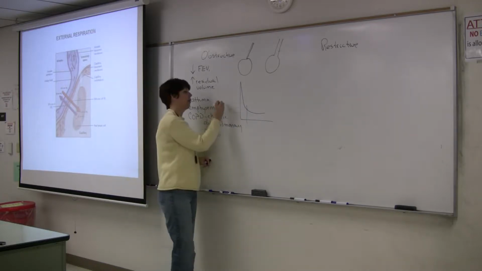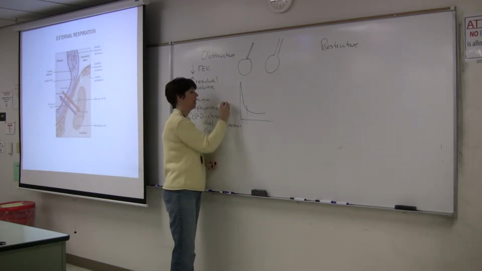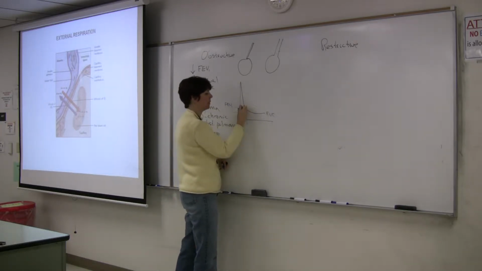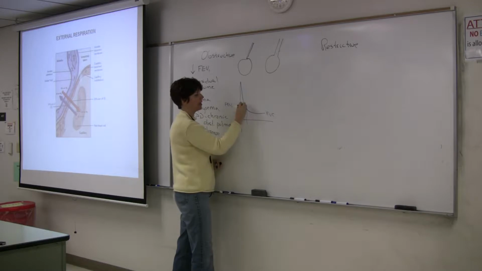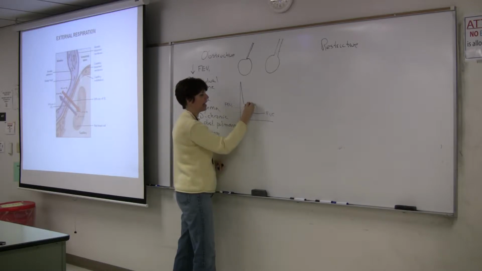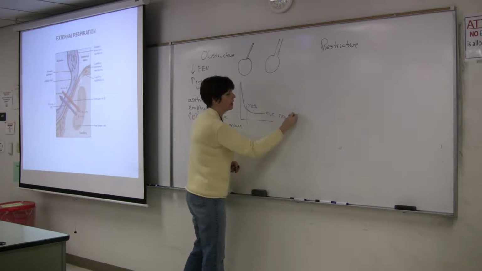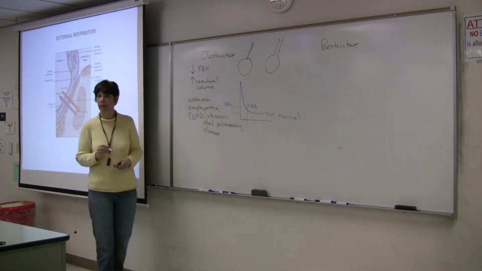And so if we divide that by the forced vital capacity, we get a percentile, which is greater than 80 to 84% in a normal individual.